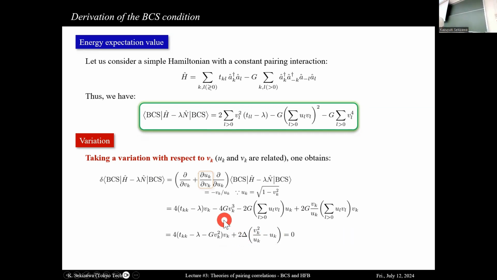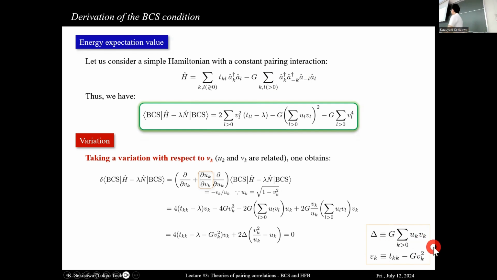Here I just move this G to the power of G for the term here and here, and I just use the condition. So I just introduce the delta, the so-called pairing gap, which is defined by this G. G is a coupling constant, which is the strength of the pairing interaction here, and the factor is proportional to UK, VK.